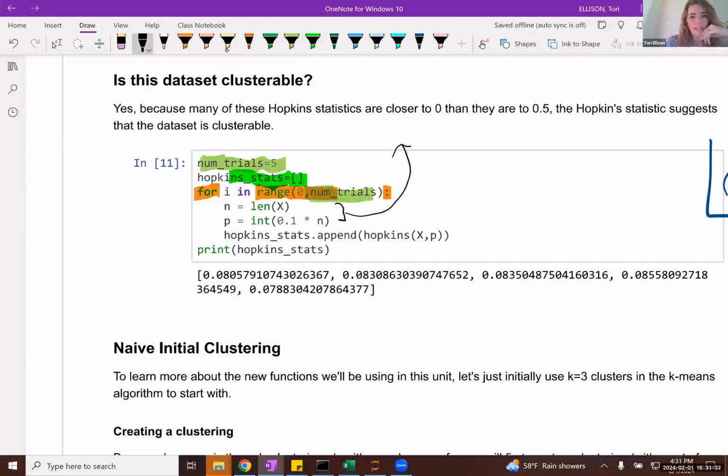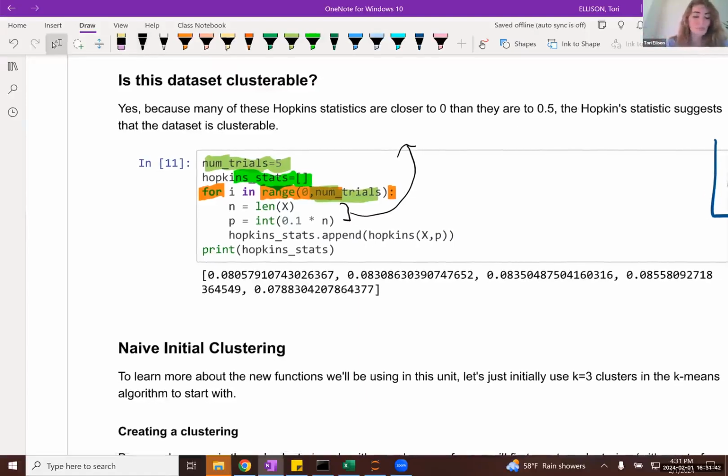I could have actually done this ahead of time before I entered the for loop. But regardless, I want to come up with a good rule of thumb for the number of random points that I will be selecting when I calculate that Hopkins statistic. So what I'm doing here is first calculating the number of rows in my X data frame, and then I'm calculating 10% of that number of rows, and rounding it to the nearest integer.